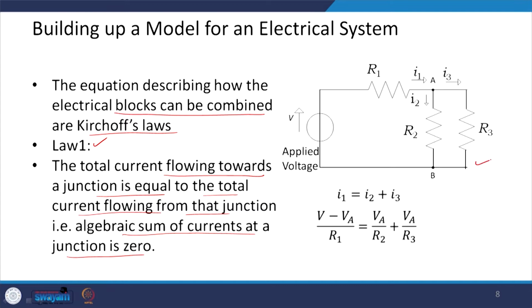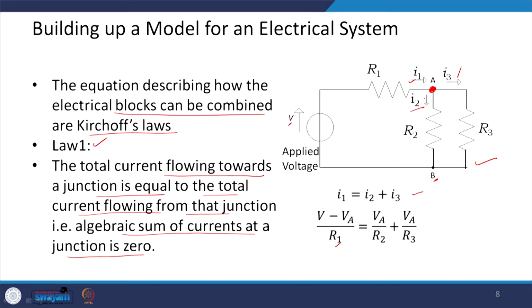If I look at this electrical circuit and take this junction, the current in is I1 and the current out is I2 and I3. So I1 is equal to I2 plus I3, and I can write I1 as V minus VA by R1, if this voltage is V and here the voltage is VA, and I2 is VA by VB. Of course, we can assume this as ground, so the voltage at B is going to be 0.